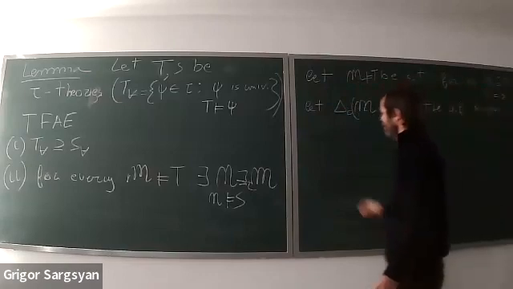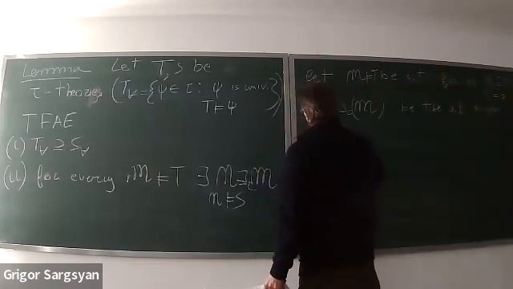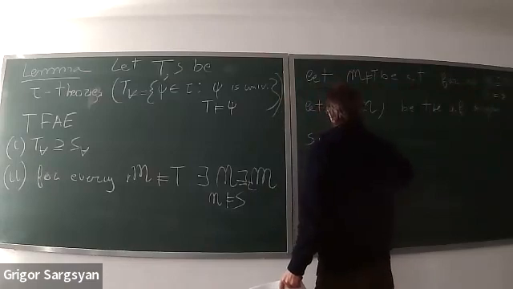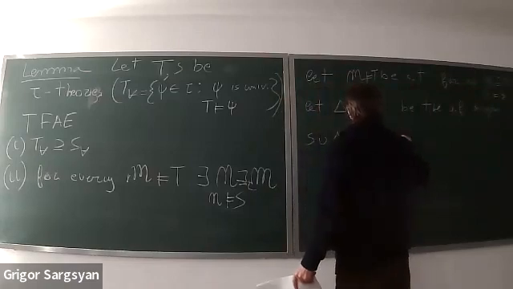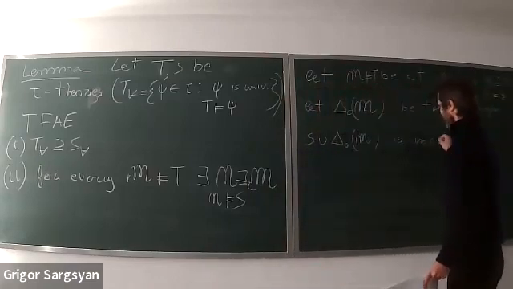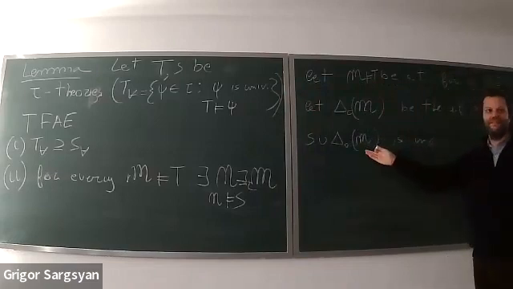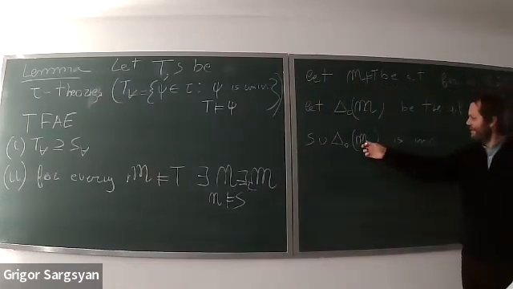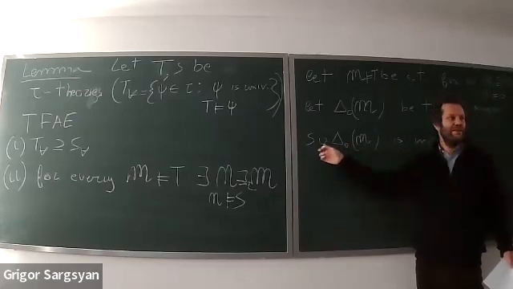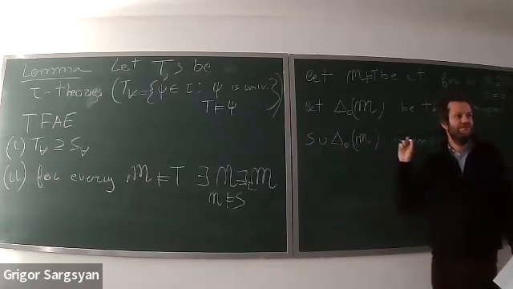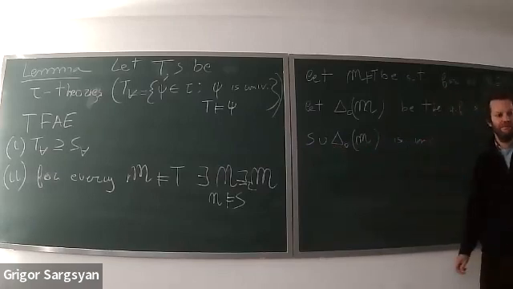That means that S union delta-zero of M is inconsistent. Because if it were consistent, the realization of this theory would be a superstructure of M, since the diagram says that you can see M inside the structure that realizes this theory.